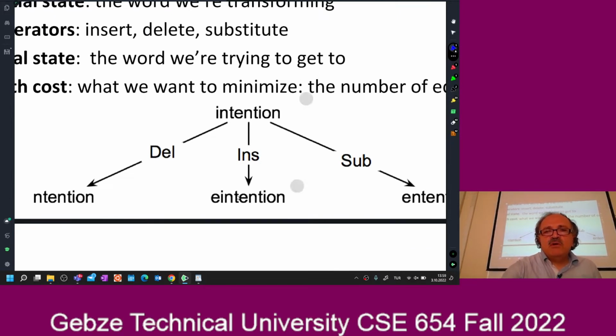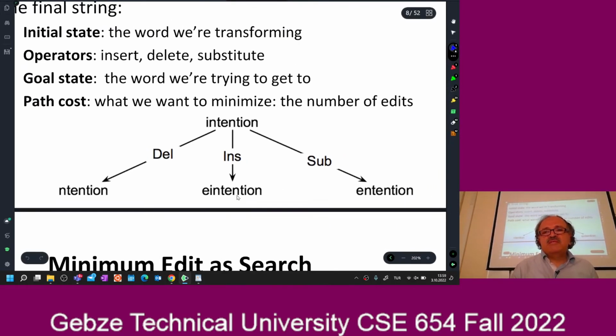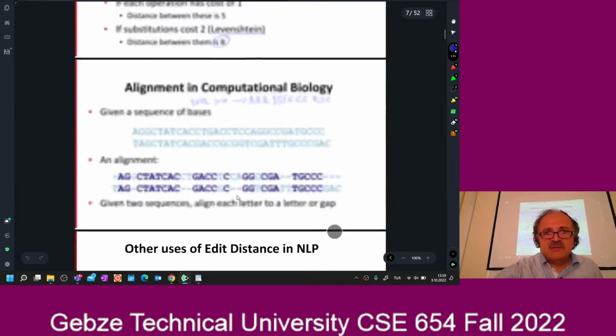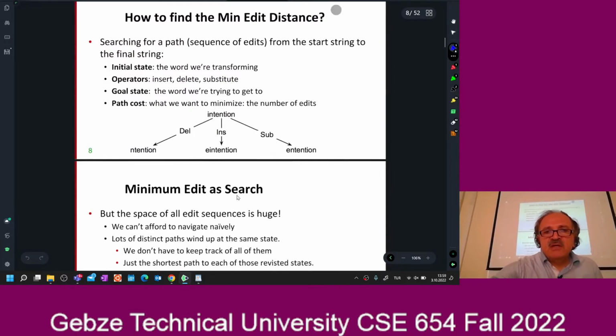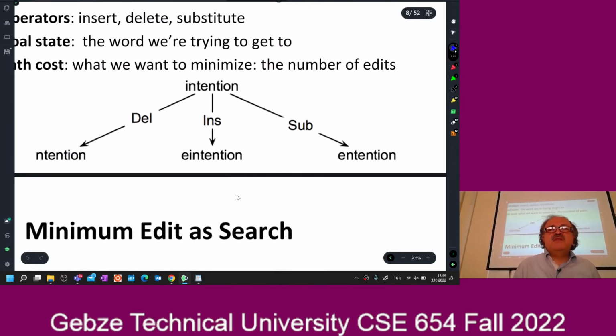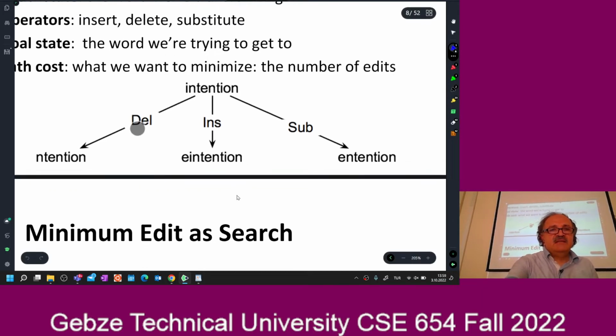What was our goal? Starting from intention, I like to find the distance to execution, right? That was it, the execution? Yeah, execution. So starting from intention, with the first letter, what can I do? I can delete it, okay?